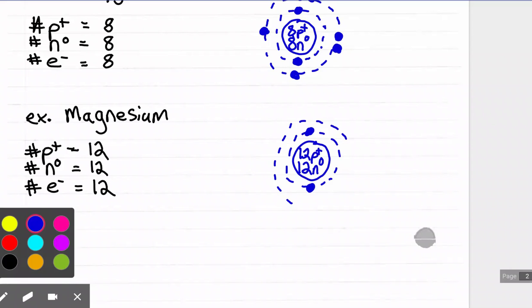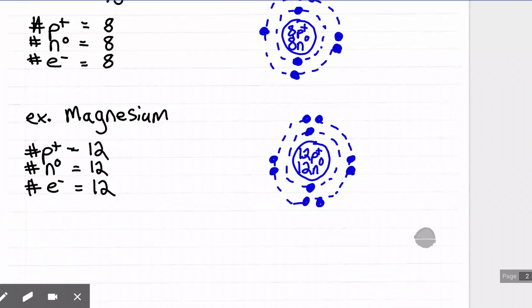So I'm going to draw another orbit, hatched line, and I'm going to start filling. So 3 electrons, 4, 5, 6, 7, 8, 9, 10. At this point, I have 10 electrons, but I need 12, so I have to add another orbit. So I add another orbit, and I follow my rules, starting at 12, putting them by themselves first, 11, 12.